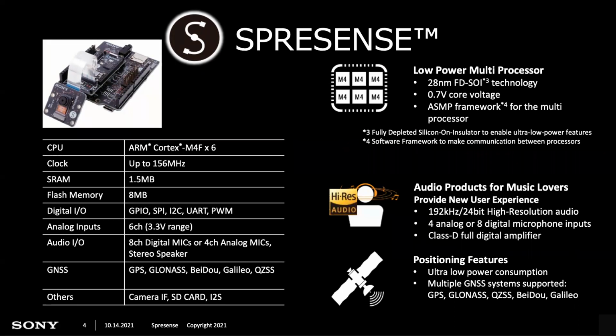So this is the first, let's say, capability of Spresense. And then we have high resolution audio on Spresense. High resolution audio means that you can listen to a machine in a factory and detect some abnormalities.